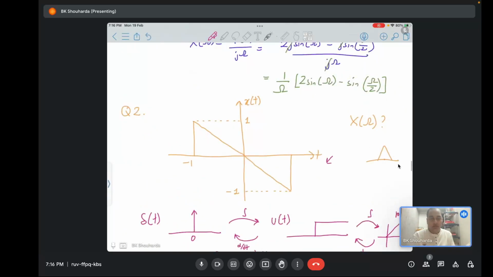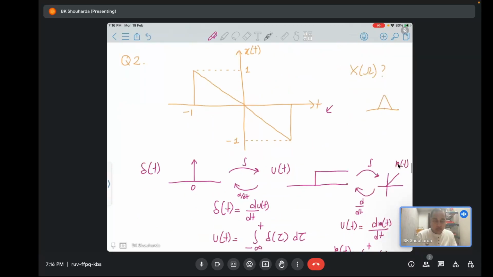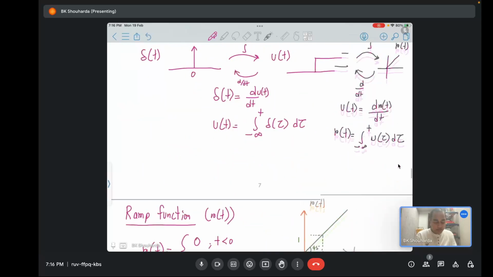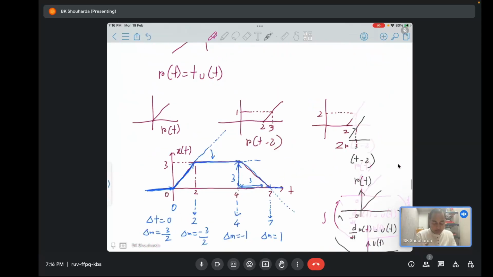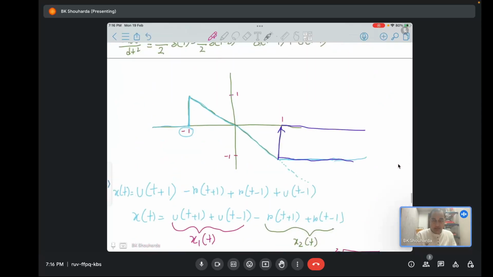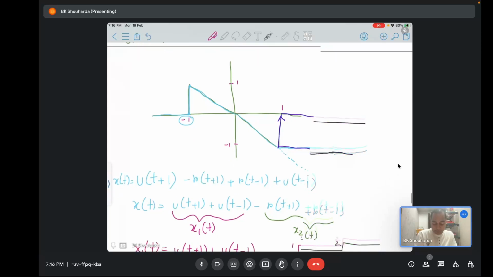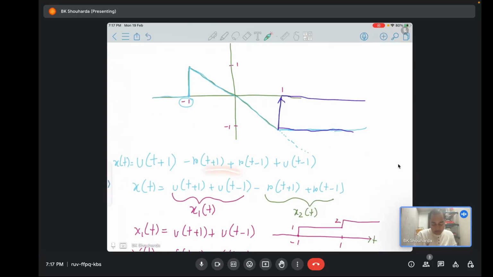If you try to do it using manual integration techniques, it would be really tedious, because you have to take x e^(jω) and further do it down. So rather than doing that, write this signal in terms of ramp functions. We noticed this signal was mixed, in the sense that you had to use both unit step and ramp signals. So whenever you have such mixed signals, first write the signal, then segregate the unit step signals and the ramp signals.